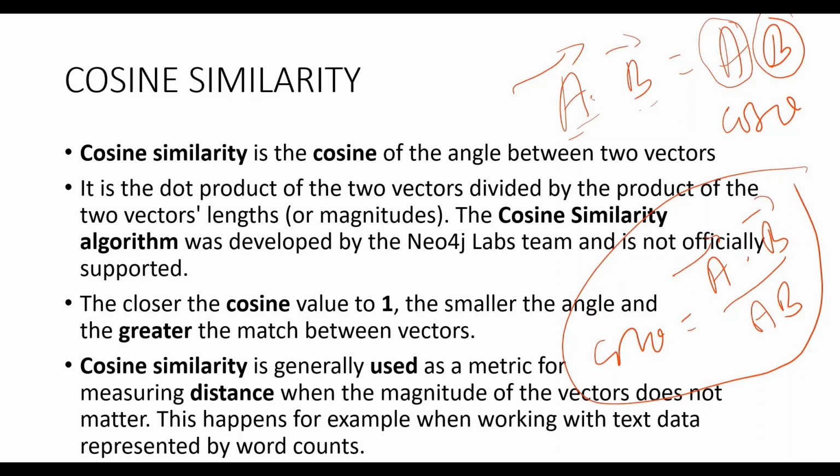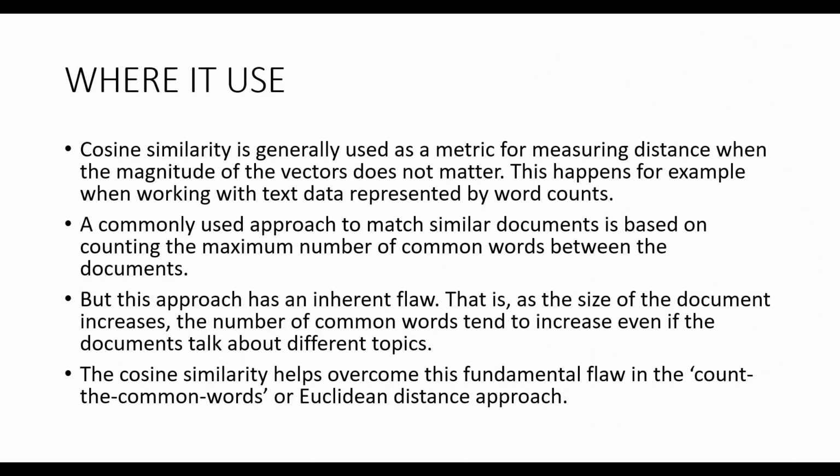If you want more clarity on this, I have a separate video for cosine similarity. You can watch that video. This is the point: the closer the cosine value is to 1, the smaller the angle and the greater the match between vectors. This is the concept, because cos 0 is 1 and cos 90 is 0. Cosine similarity is generally used as a metric for measuring the distance between vectors when the magnitude of the vectors does not matter.